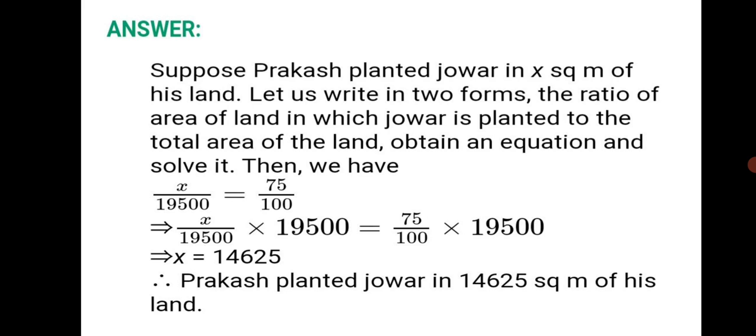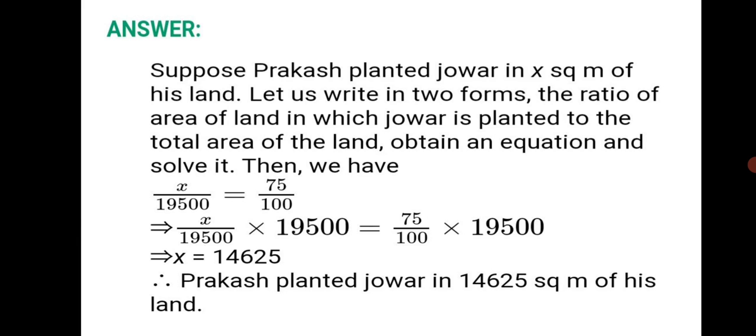That's why we multiply by 19,500 on the left hand side and the right hand side. So on the left hand side 19,500 gets cut, and we are left only with x. On the right hand side 2 zeros you will cut, and 195 into 75 you will multiply. You will get 14,625. Therefore Prakash planted jawar in 14,625 square meter of his land.